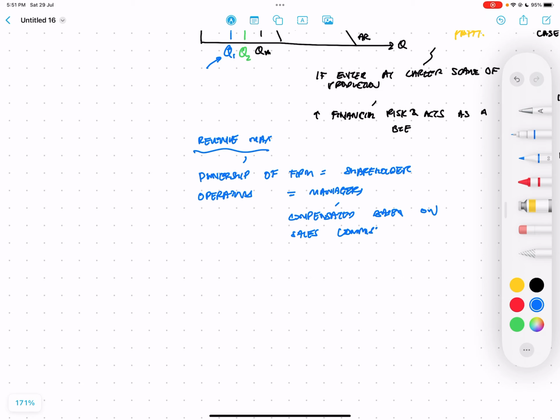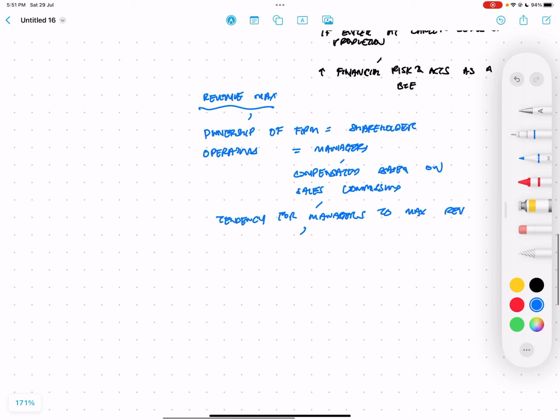So if they are compensated based on sales commission, then there's a tendency for them to want to sell more regardless of the cost, right? So there's a tendency for managers or salespeople to want to maximize revenue instead, right? And the way they maximize revenue is they produce closer to the point where MR equals 0.